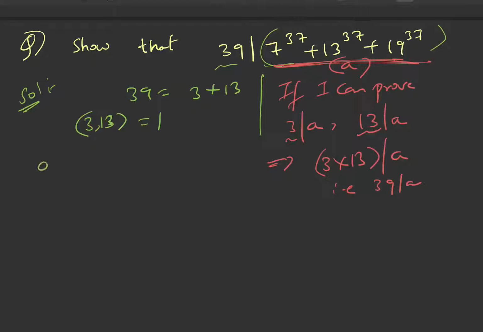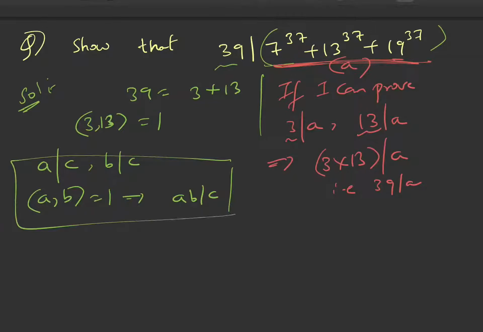The property is that if a divides c and b divides c and the GCD of a and b is 1, this means that ab also divides c. So if I can prove that 3 divides a and 13 divides a, then definitely 3 into 13, 39 divides a, because the GCD of 3 and 13 is 1. This is very important. If this is not 1, then we can't do it in this way, and the statement would not be valid.